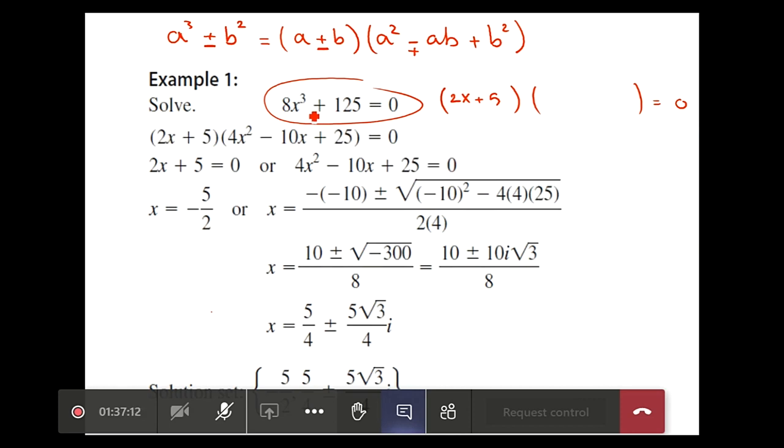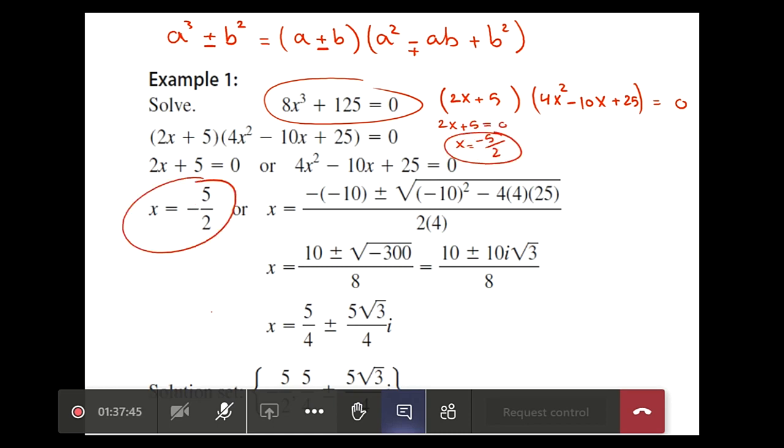Now we have the cube root of 2x to the power 3, which is 2x, and the cube root of 125, which is 5. So we have here 4x square minus 10x plus 25. Okay, now solve this one. 2x plus 5 equals 0, so we have x equals negative 5 over 2. This is the solution.